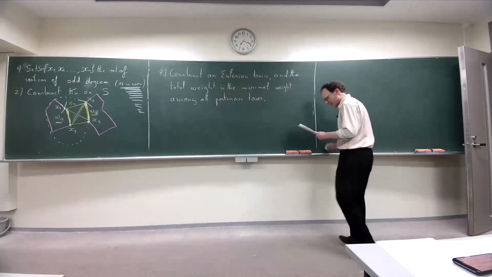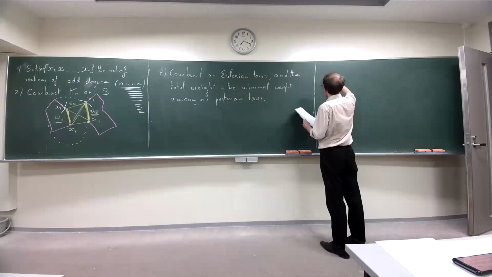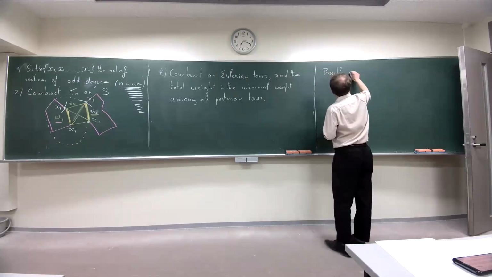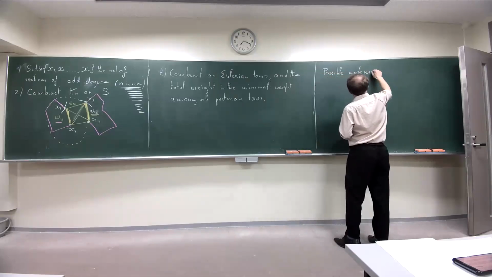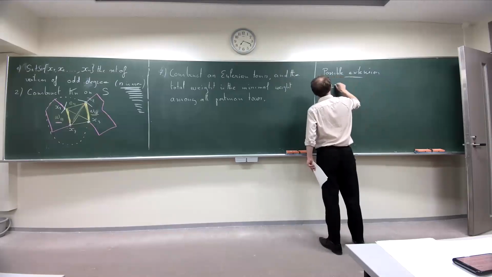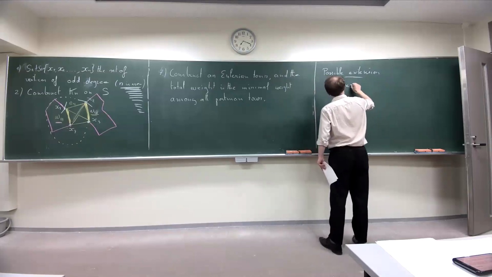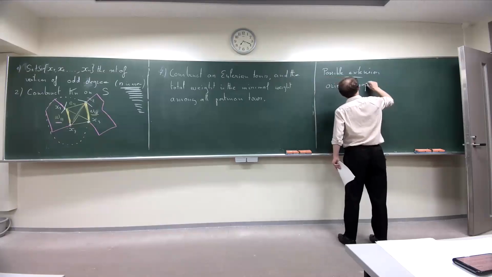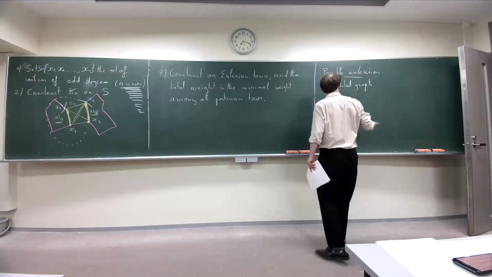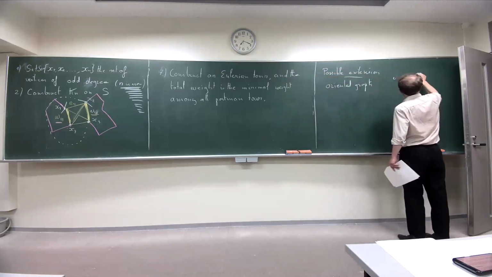Okay, there are some extensions. Possible extension. This was the end of the algorithm. Possible extension, oriented graph. But then, you can do more complicated things.